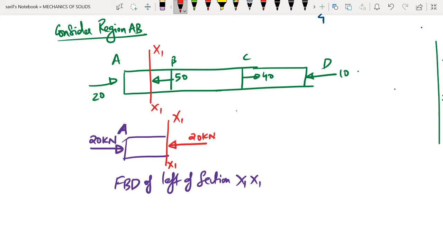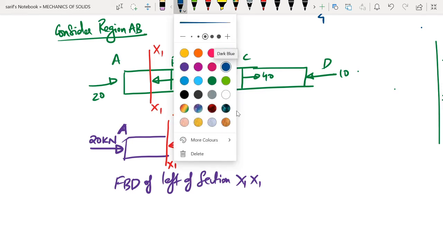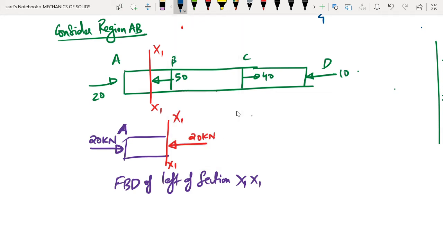Now if you try to find the magnitude of that, sigma in the region AB is equal to P in the region AB divided by the area of cross section. Since the force is compressive, let us put it as negative.